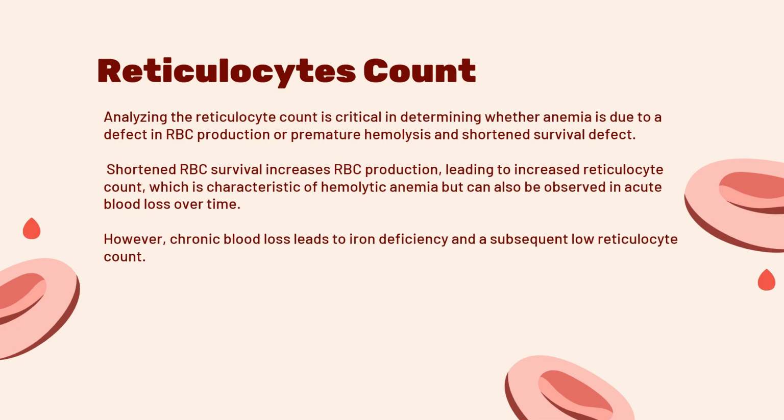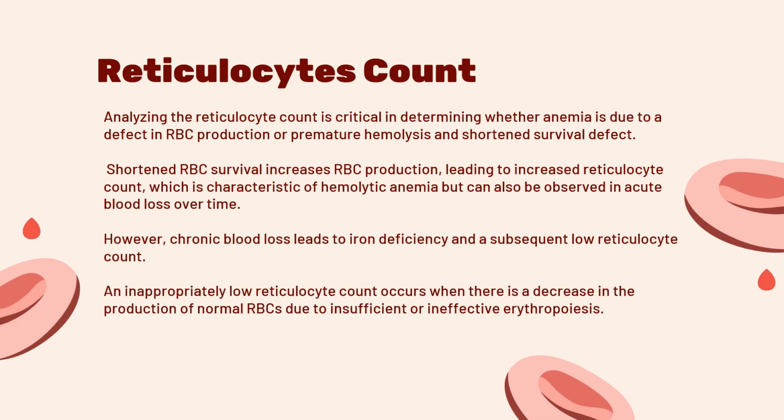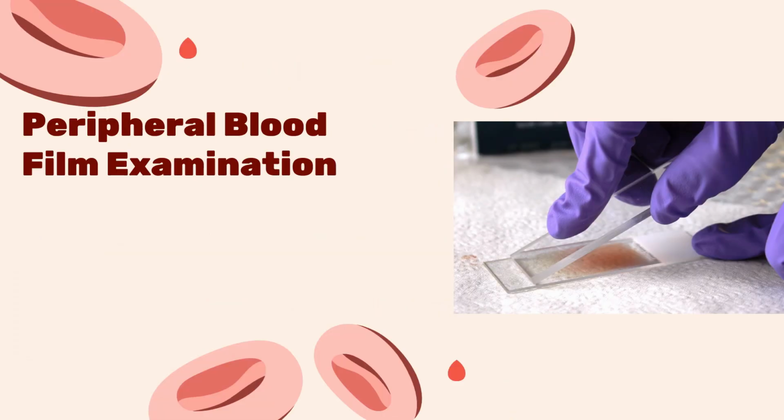However, chronic blood loss leads to iron deficiency and a subsequent low reticulocytes count. An inappropriately low reticulocytes count occurs when there is a decrease in the production of normal RBCs due to insufficient or ineffective erythropoiesis.